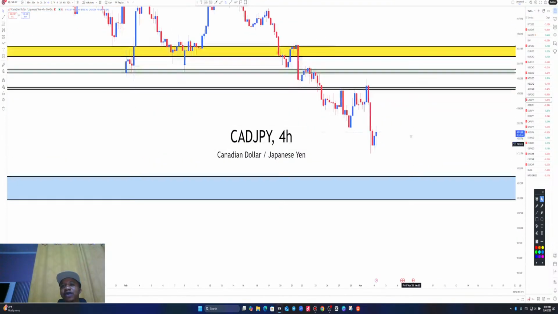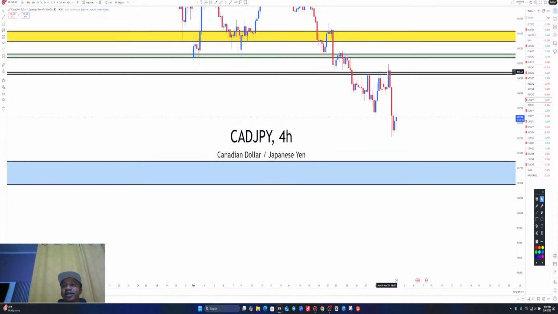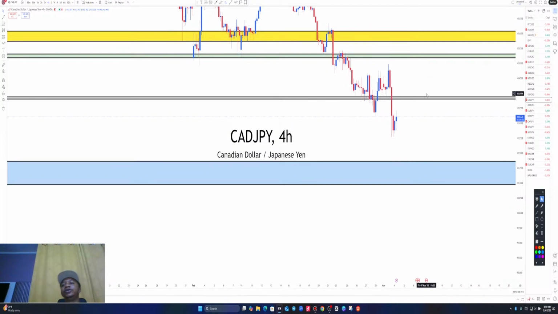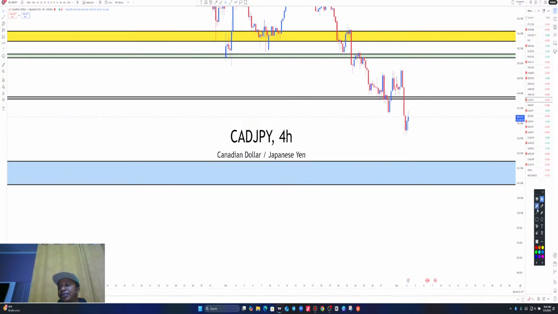Right, so this is the 4-hour time frame of CAD JPY. Let's bring this all the way here. Very good. So on the 4-hour, what has price done? Price has been able to break below the 4-hour support level with a push to the downside. After a push, what happens next? Retest or exhaustion. After exhaustion, a continuation push further down.